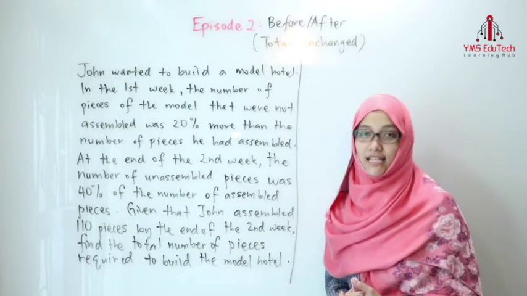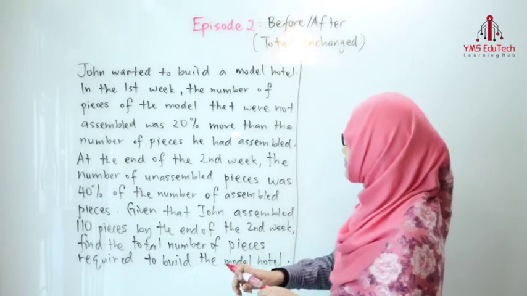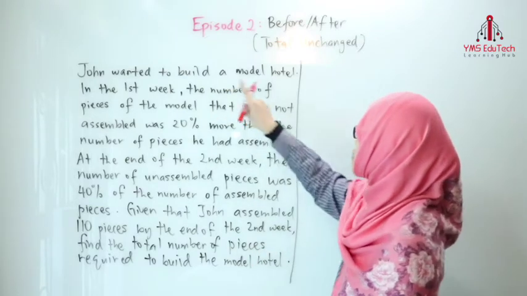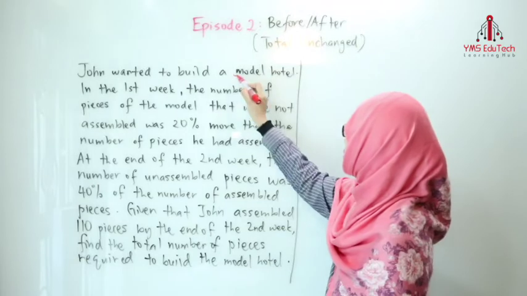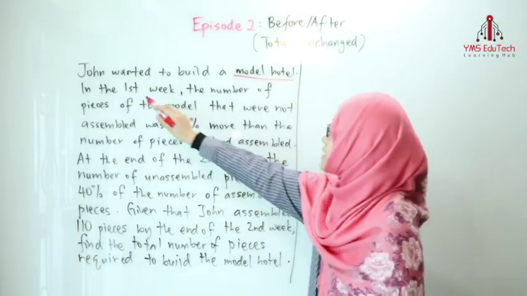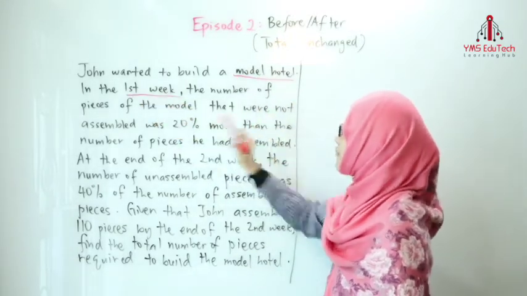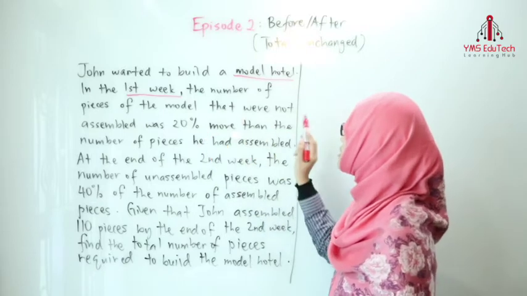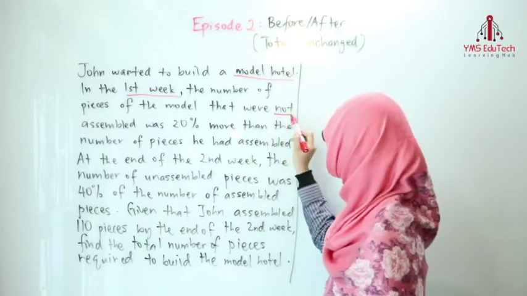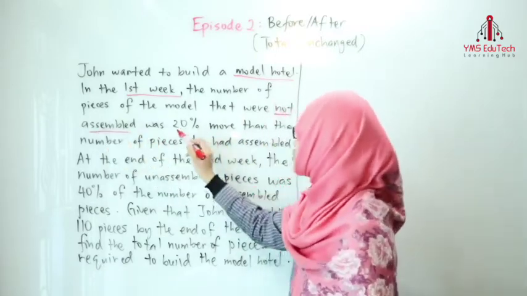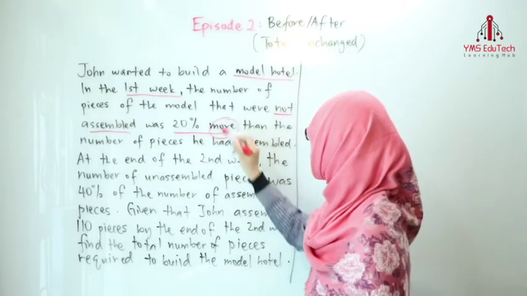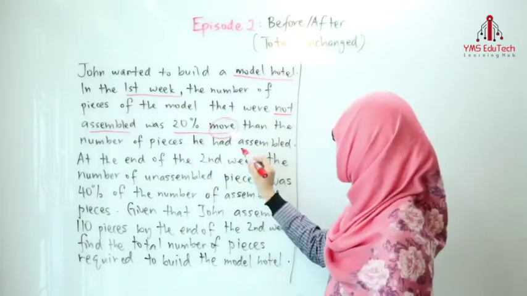Now let's underline the keywords. John wanted to build a model hotel. In the first week, the number of pieces of the model that were not assembled, 20% more than the number of pieces he had assembled.